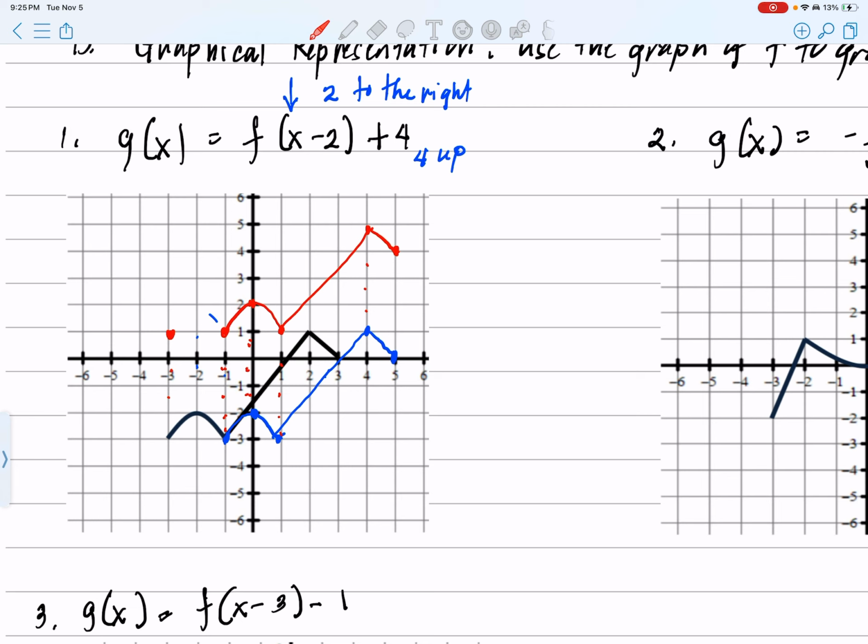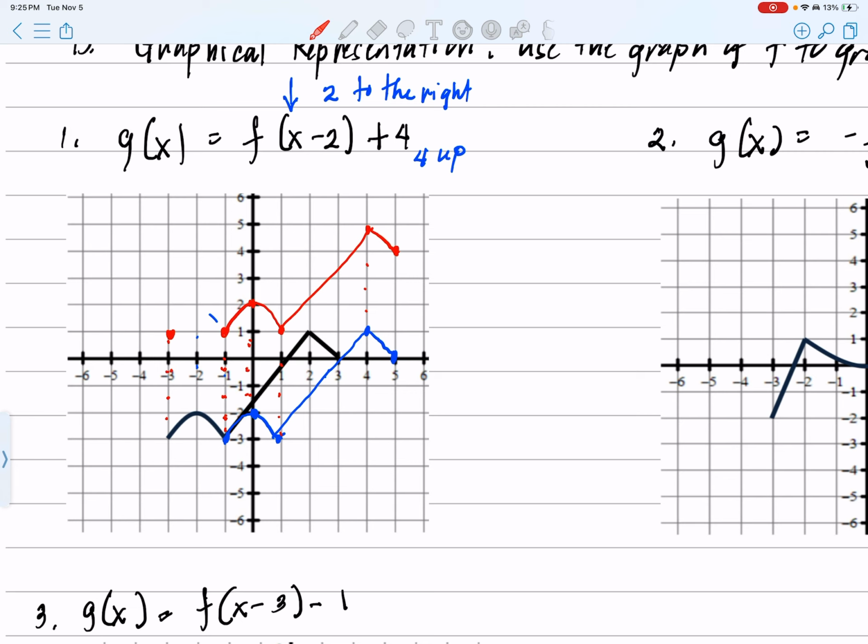From here, it is 1, 2, 3, 4. Did I miss something here? Oh, it should be here. 1, 2, 3. I'm checking if I missed some points.